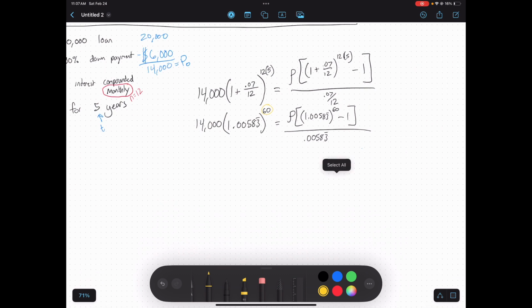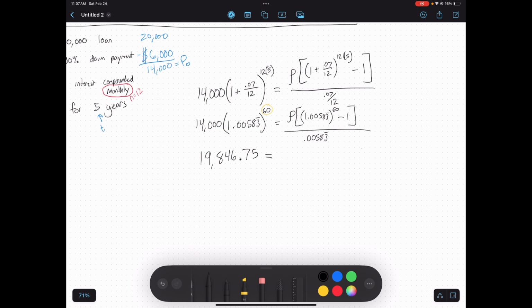Okay, let's keep going. I can still just keep plugging things into my calculator, right? So if I do that left side, when I raise that to the 60th power and then multiply by 14,000, I get 19,846.75, and I'm going to round it a little bit. Even though you really should get in the habit of not rounding until the very end, I'm going to round this just because I want to talk about this value and what it means.